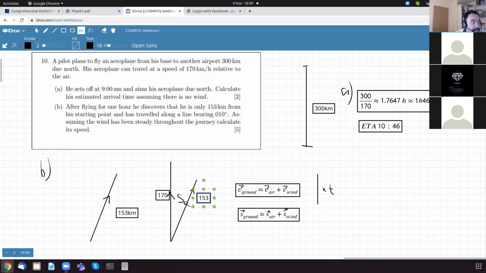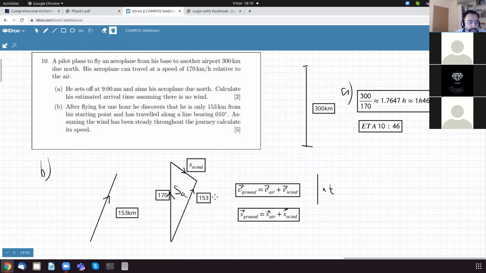And we need to find the velocity of the wind, or the displacement caused by the wind. And it's here, this is the displacement caused by the wind.